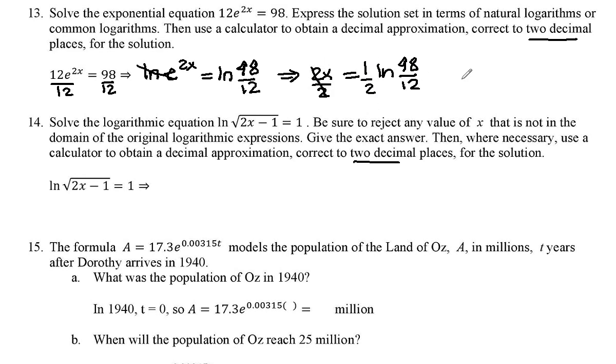So that cancels out. So then our x is 1/2 natural log of 98 over 12. So that's our exact answer. And then they want the 2 decimal place answer. So if you plug this into the calculator, that's approximately 1.05. And we got it. So exponentials, isolate the exponential, and then take logs on both sides. Okay, so isolate first.